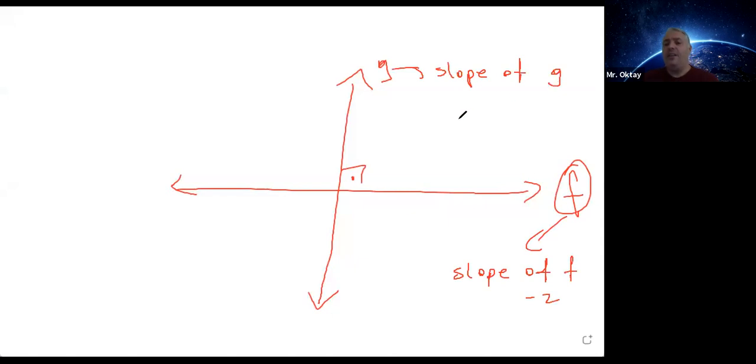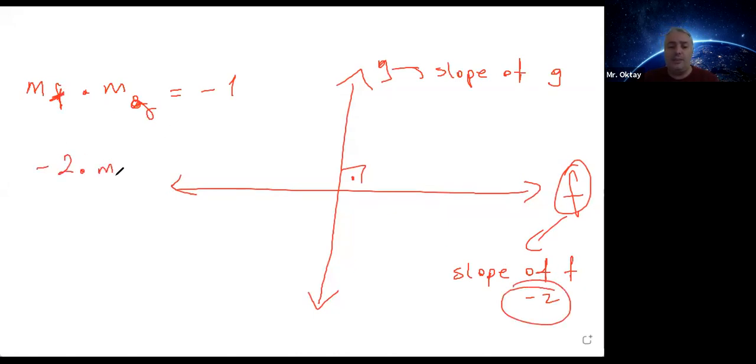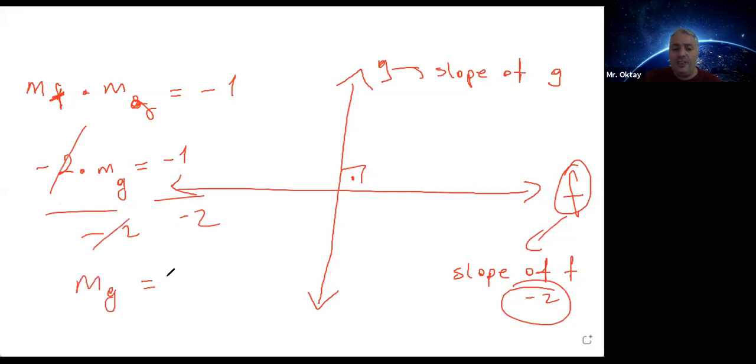Since they are perpendicular, the slope of f times the slope of g is equal to negative 1. The slope of f we calculated is negative 2. So negative 2 times the slope of g equals negative 1; divide by negative 2. So the slope of g is equal to positive 1 over 2.